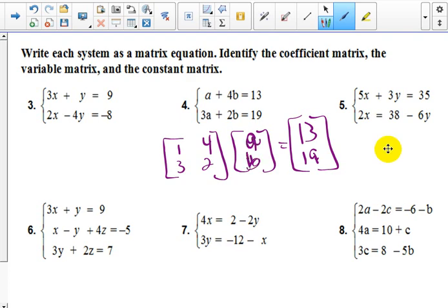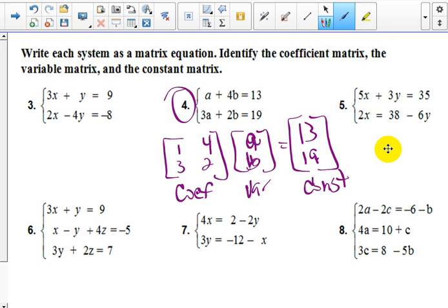So you should have your coefficient matrix, don't forget to label them, variable matrix, and constant matrix. So you've got 1, 4, 3, 2 for coefficient, variable is A, B, and constant is 13, 19. Are there any questions? Pretty easy. I'm not going to make you solve all these because you've already learned it, but this is what you start calculus and pre-calc with.